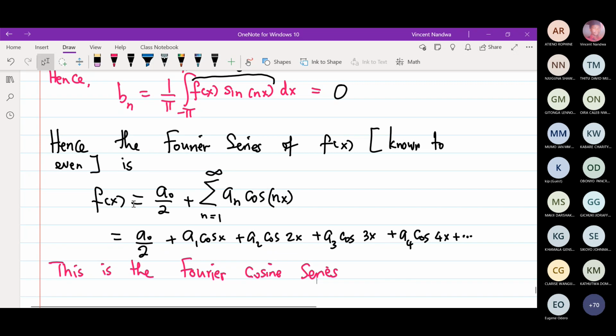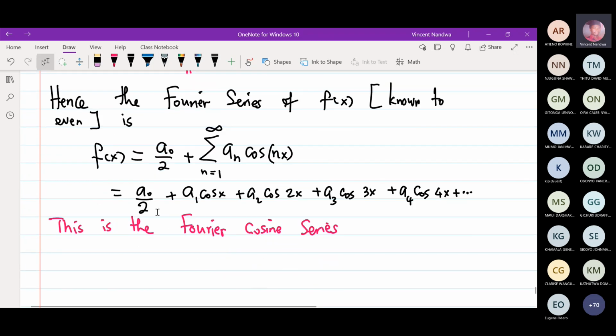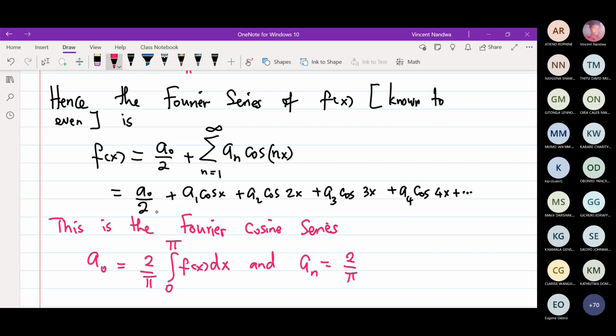And remember, in this case, a naught will be given by 2 over pi integral from 0 to pi of f of x dx, and an will be given by 2 over pi integral from 0 to pi of f of x times cosine of nx dx.